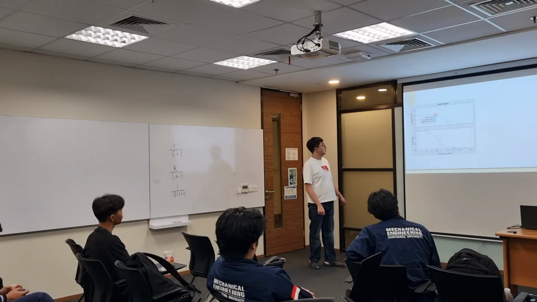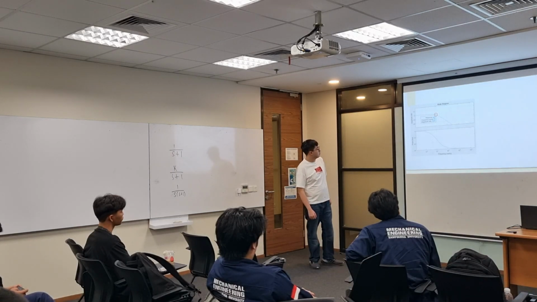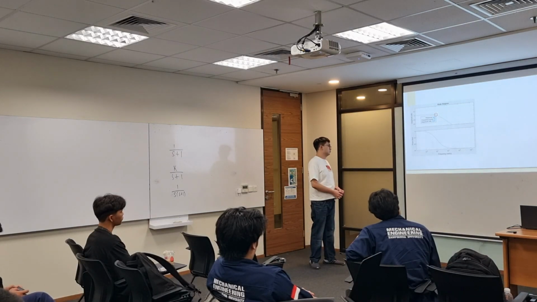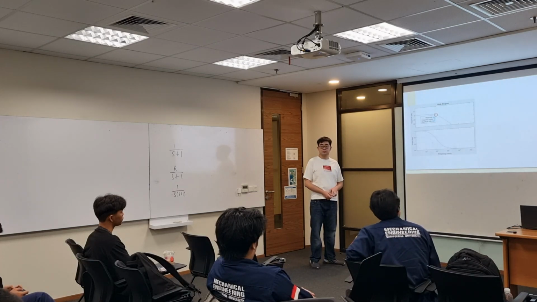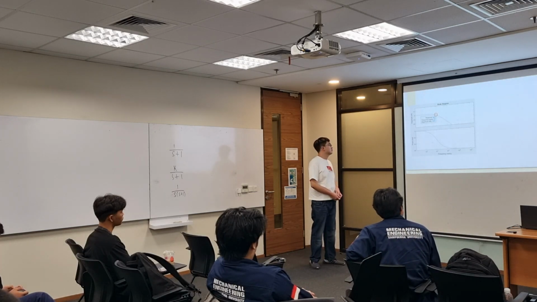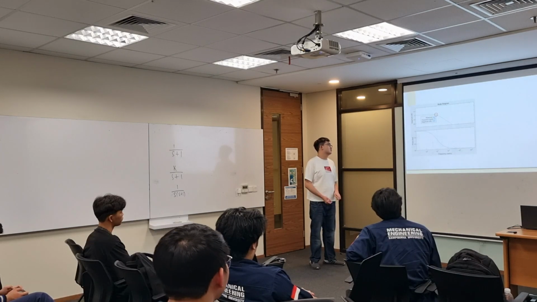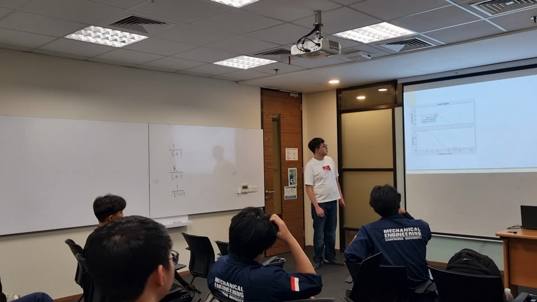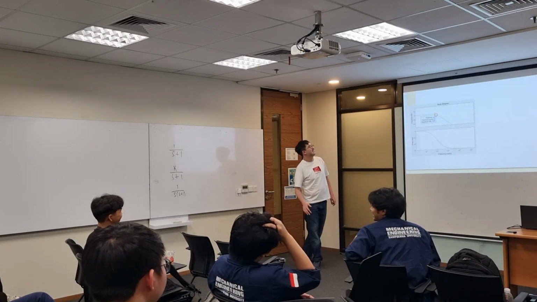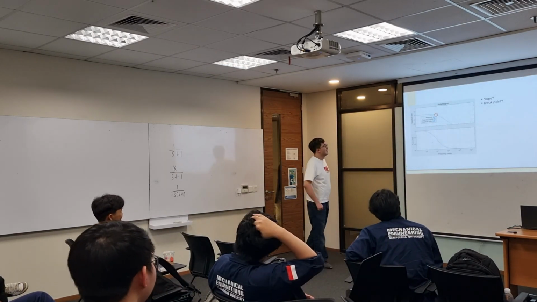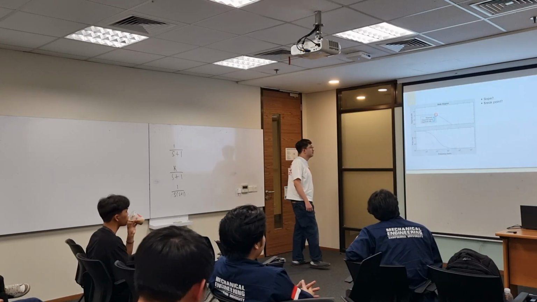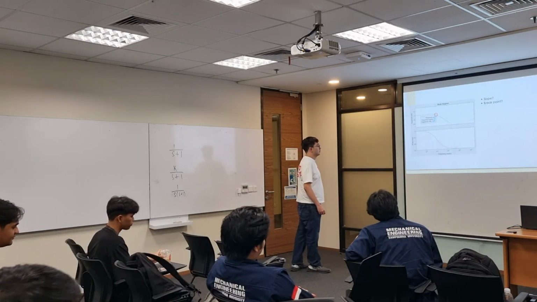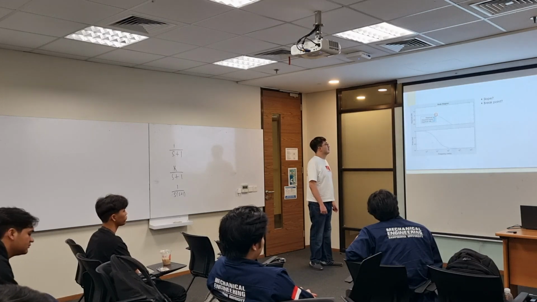Next is an example problem. By observing it like this, can you guess what kind it is? Is it a pole? Is it a zero? Yes, it's a pole. First, let us analyze the slope. How do you find the value of the slope here?